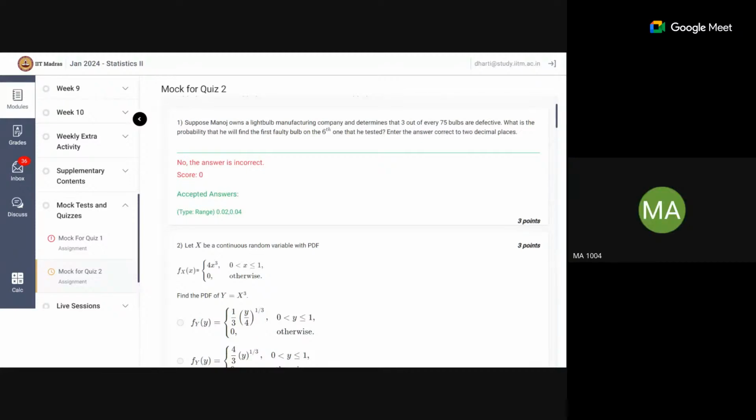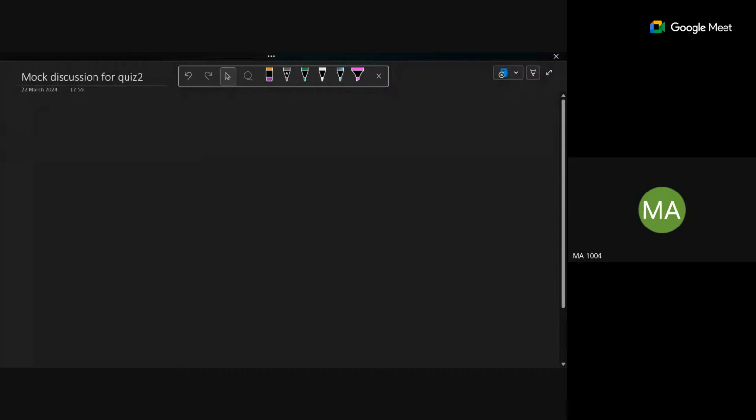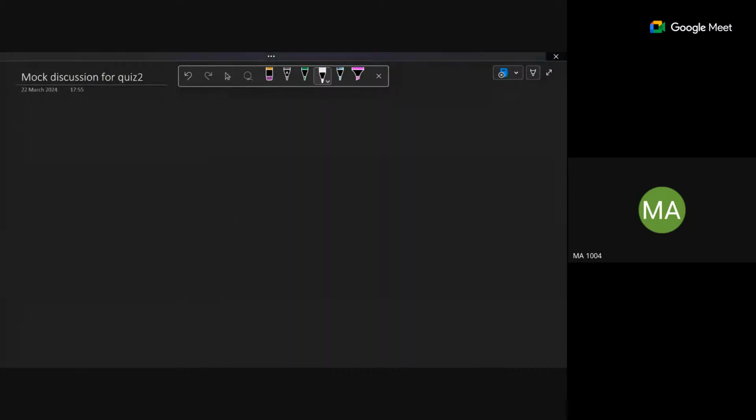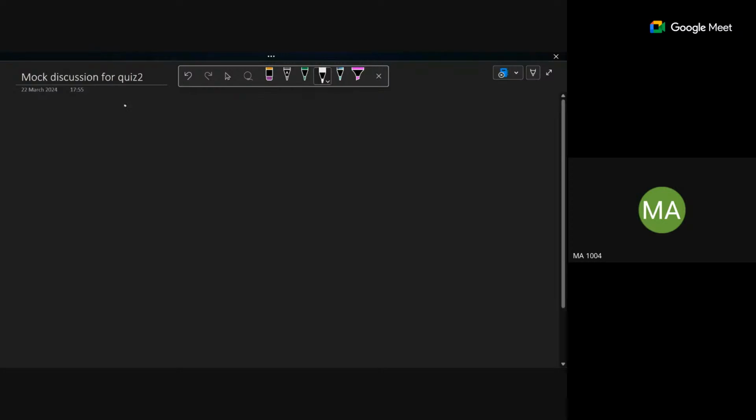Can you create a random variable for it? X will be a random variable. We know that X follows a geometric distribution with probability P equal to 3/75, which when calculated gives 0.04.